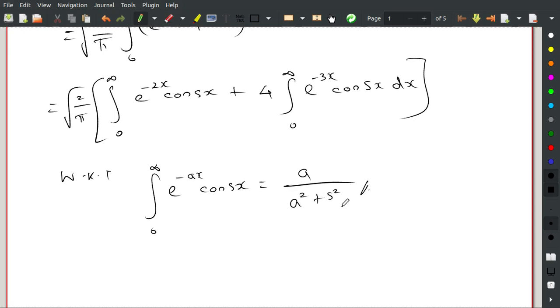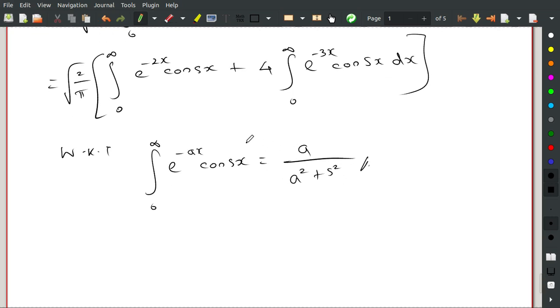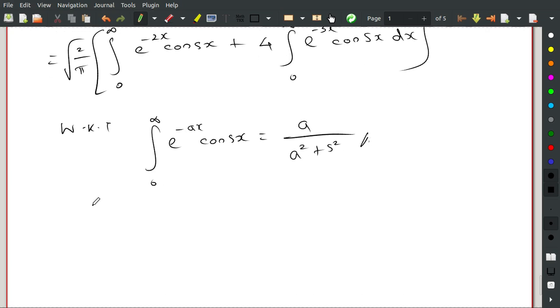Okay, so this is a well-known fact, so we can use it for evaluating this integral. Therefore we have root 2 by pi, and for a we have 2 here, therefore it is 2 times 1 by 2 square plus s square, plus 4 times this.